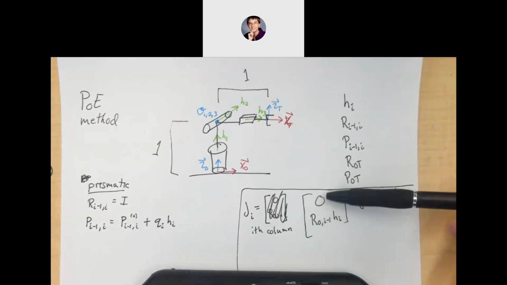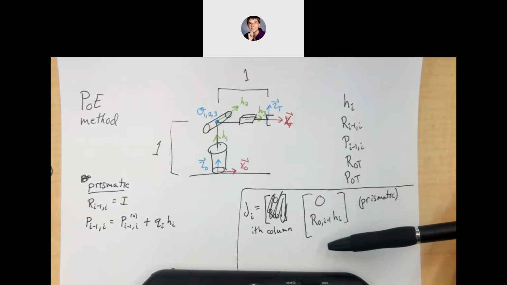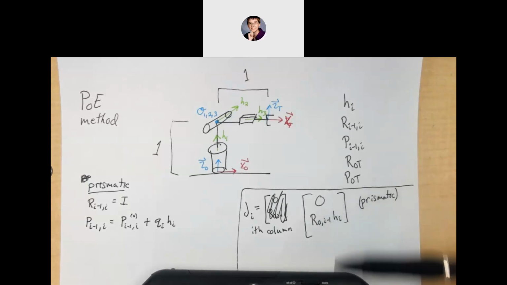So the revolute, we get some rotation and potentially some linear as well. With a prismatic, all of the velocity is purely linear.